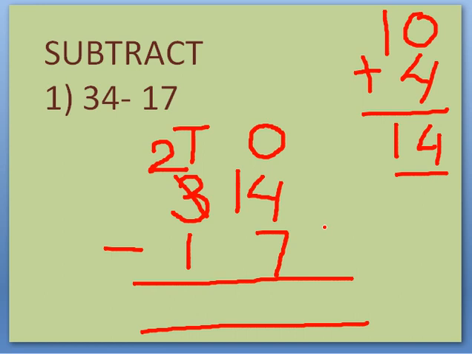We will do it using backward counting. So 14 minus 7. We will start after 14 and come down to 7. You can count it on your fingers. 13, 12, 11, 10, 9, 8, 7. So they are 7 in number.